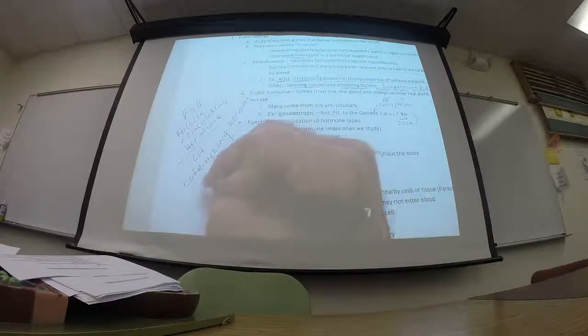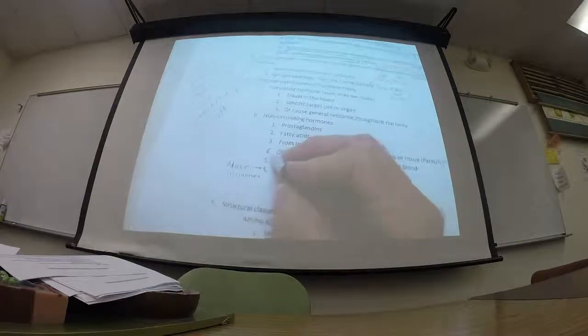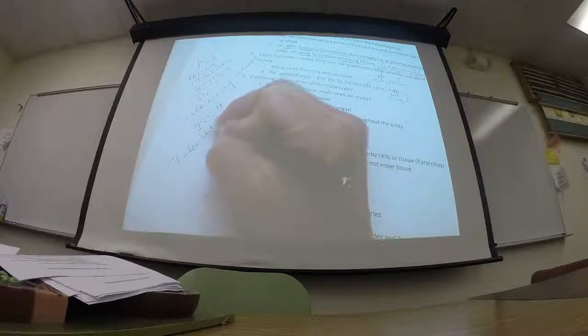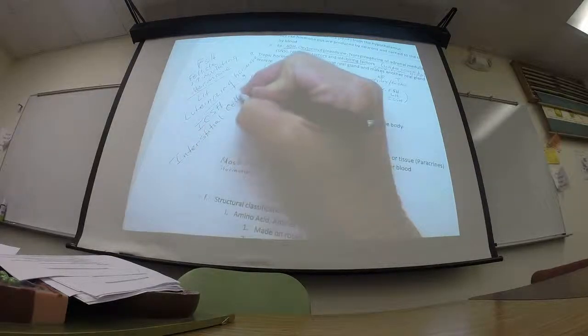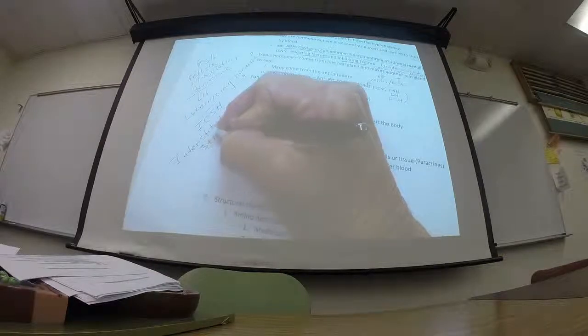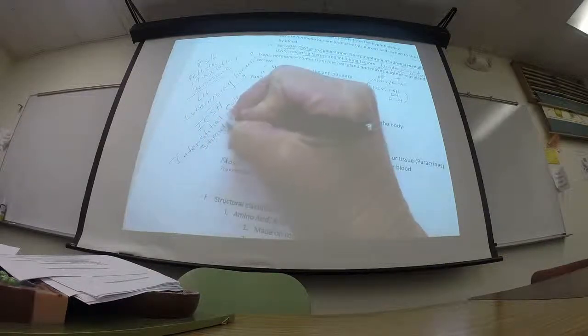And in the male, a similar chemical is renamed ICSH for his cells that make testosterone. Those are interstitial cell stimulating hormone.